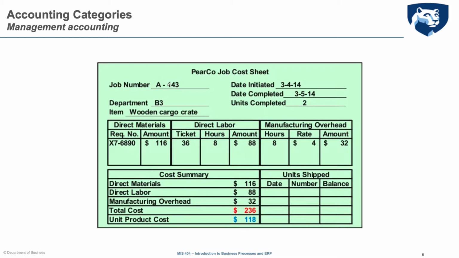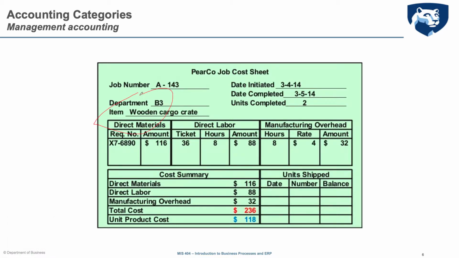In particular, here we have the job number A143. As you can see here, this is the so-called cost center, department B3, that is in charge of realizing the wood and cargo crate here.